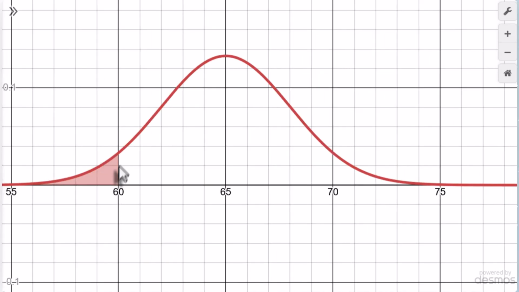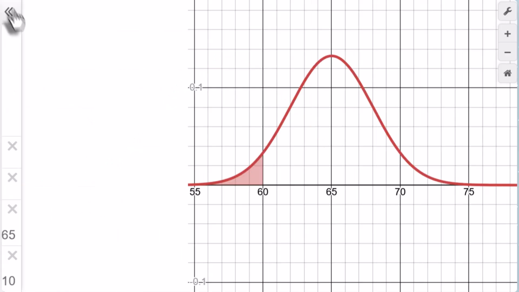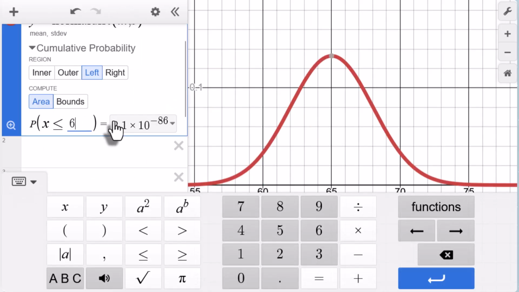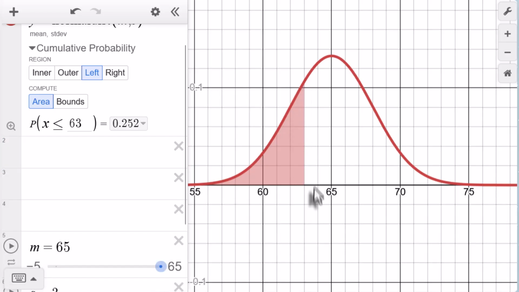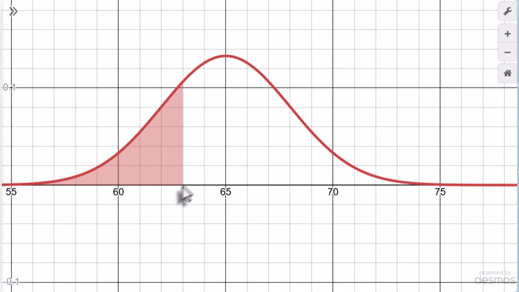If we think about this in terms of area, 5'3" is 63 inches. We can see 63 inches here, but the area underneath the curve at exactly 63 inches is nothing. There is no area. So you can't actually find the probability of a single value.